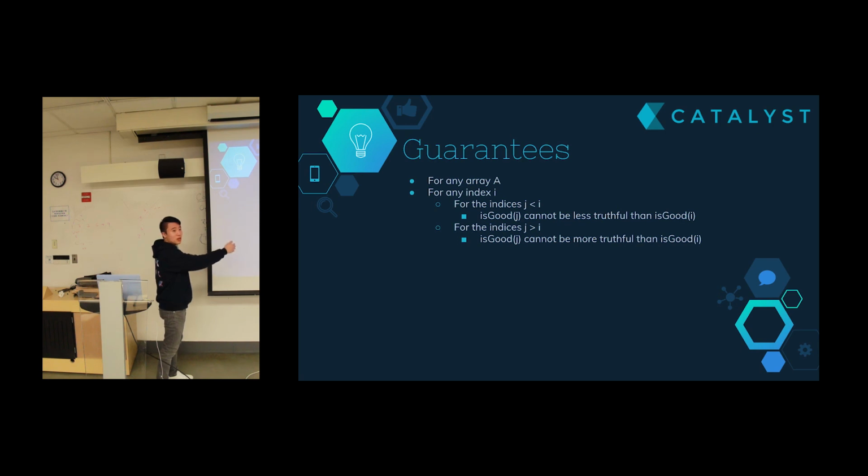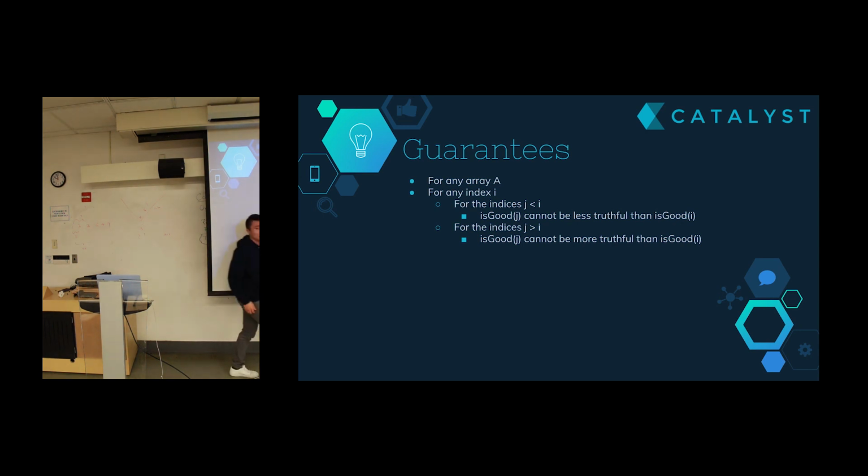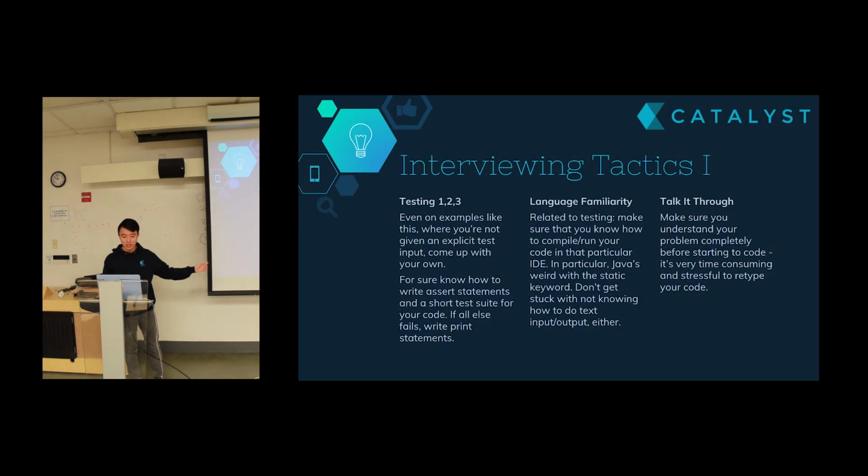If I was true, we have no guarantees. But for all the indices to the right of I, if I is false, you have no guarantee. But if I is true, then everything to the right of I is also true. So that's the sort of guarantee that we're talking about. That's the reason why we can use binary search.